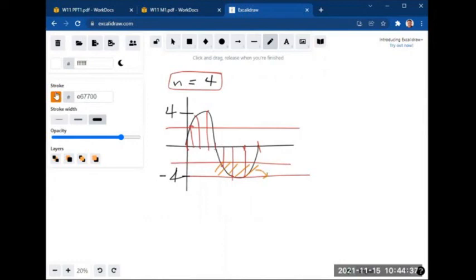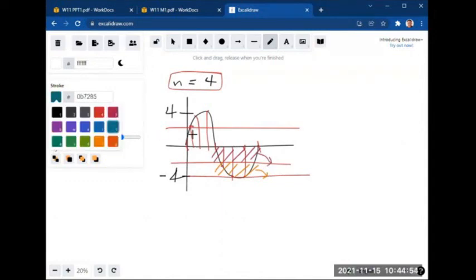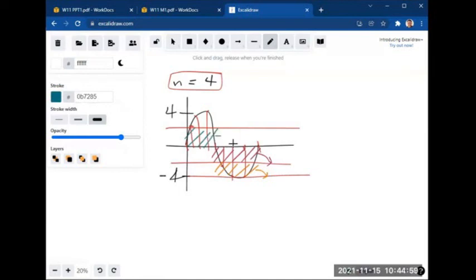Then this area will fall to this voltage value. Okay. And so on and so forth. Lastly, this to this. So we have 4 voltage levels.